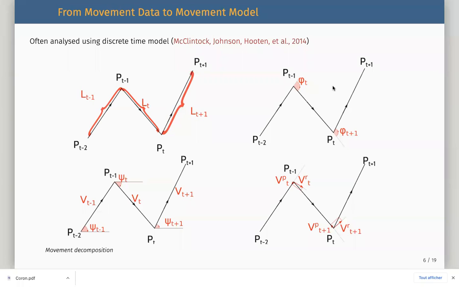So we have a series with two variables observed at the same time, which is the succession of step length and turn angle, or you can also have some direction. And they will be analyzed using some classical segmentation model.